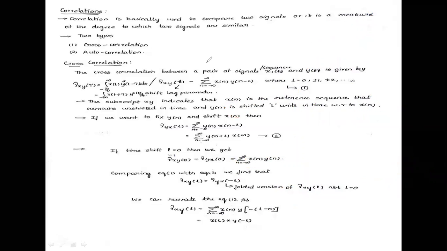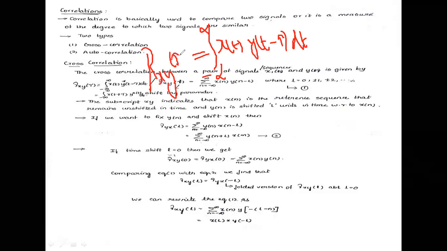So now the formula becomes x of t, y of t minus tau, and apply the integral here with respect to the time dt from minus infinity to infinity, which is equal to the cross correlation r x y of tau. The two signals are the actual signals we are taking.